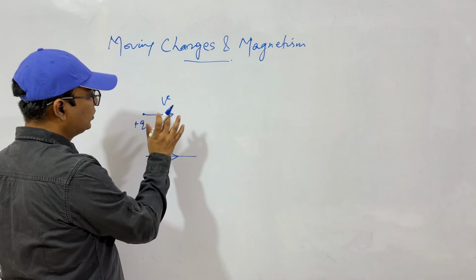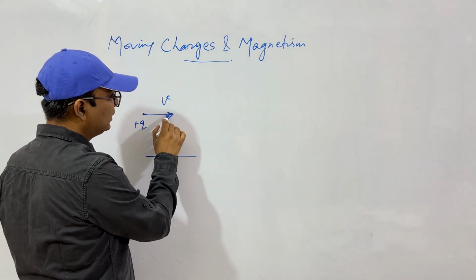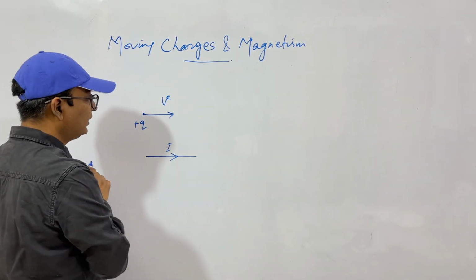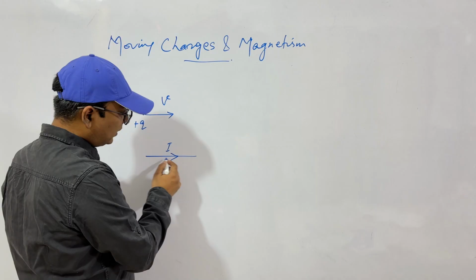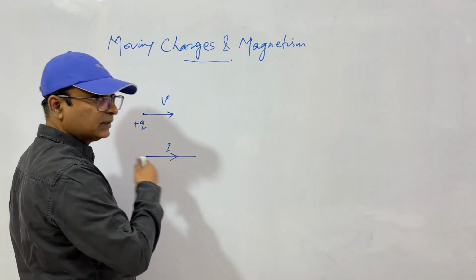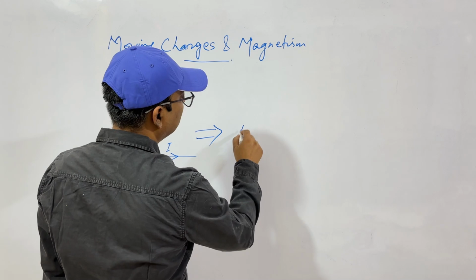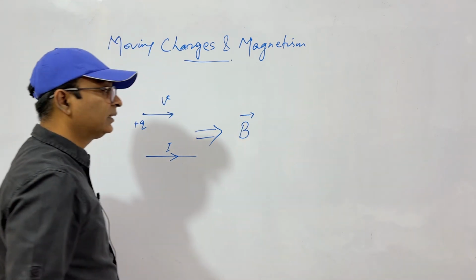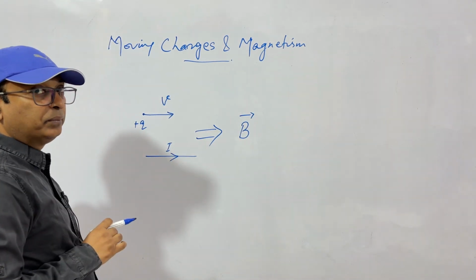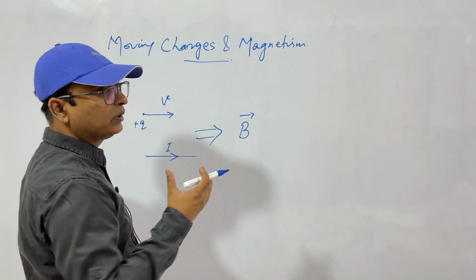So if a charge moves in a certain direction with velocity v, or a current is flowing in a conductor, same thing, charge is crossing, this produces a magnetic field, which is given as B. We write electric field as E, this is given as B.